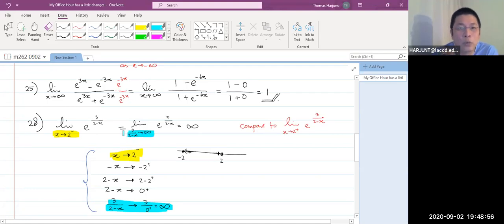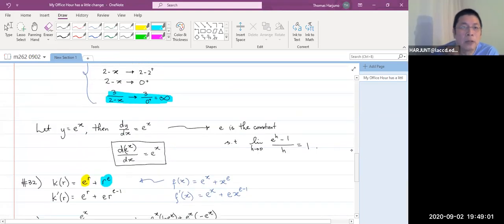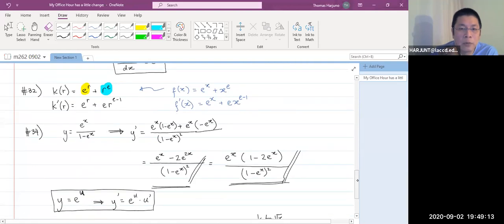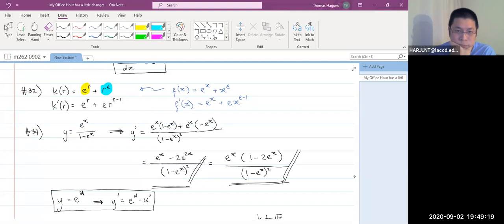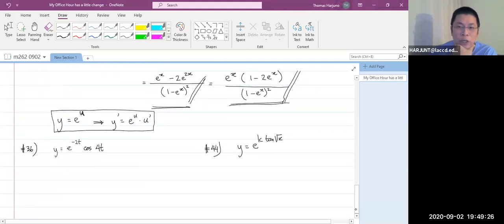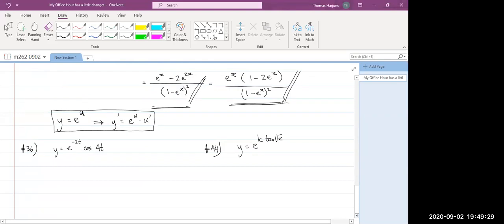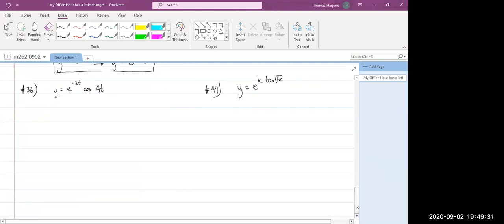It's easier to work with. Then I just give the formula right away: the derivative of e to the x with respect to x is e to the x, and apply that to some problems. And the last box there is the chain rule, which we will apply to number 36 and number 44.